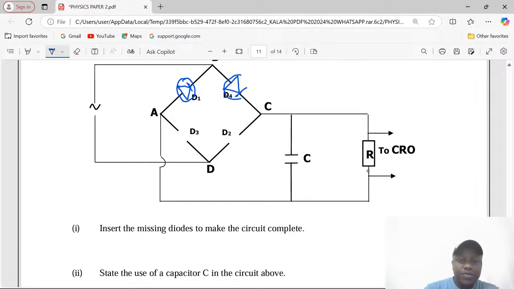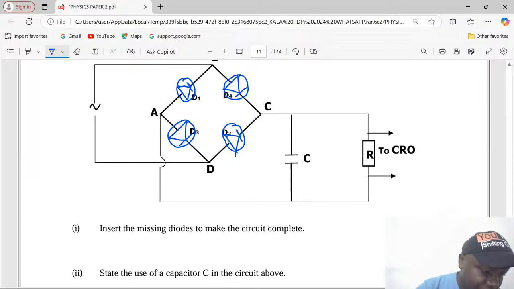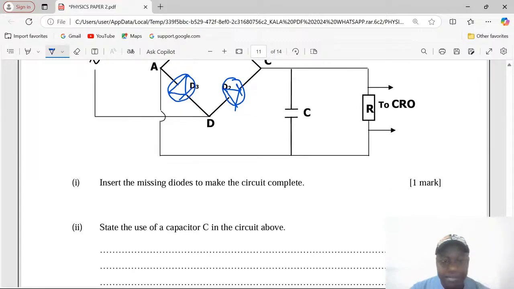We also have this one. Then at this point, it will also be facing this side. And finally, this one. So that is how the diodes are going to be placed to make the circuit complete.